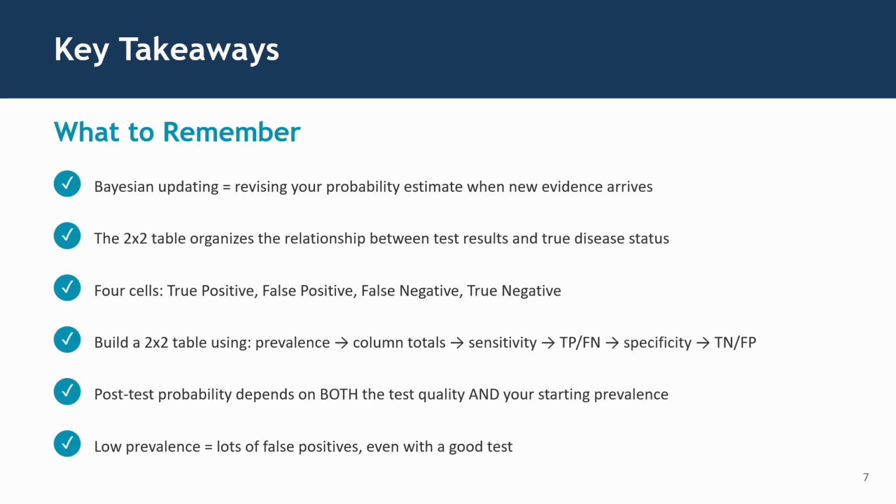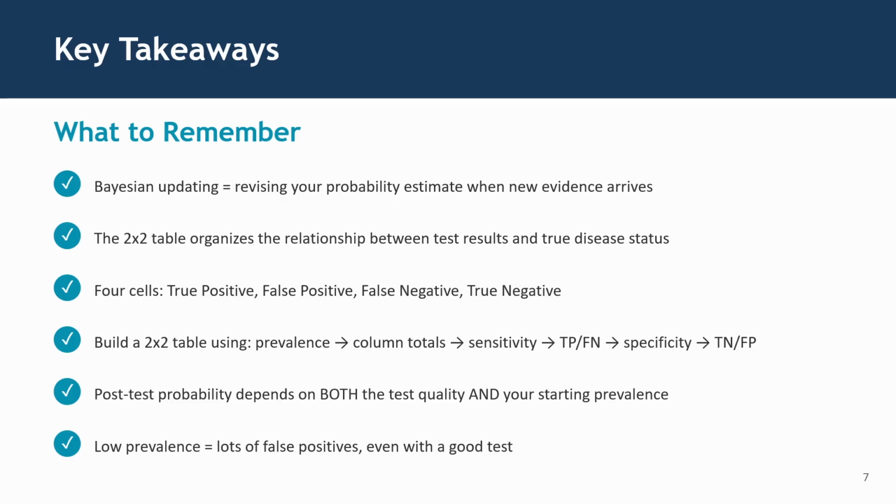You build it by starting with prevalence, your column totals, then applying sensitivity and specificity to fill in the cells. And the critical insight is that your post-test probability depends on both the test quality and your starting prevalence. When prevalence is low, even a good test will generate mostly false positives.